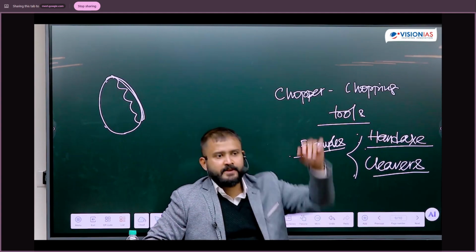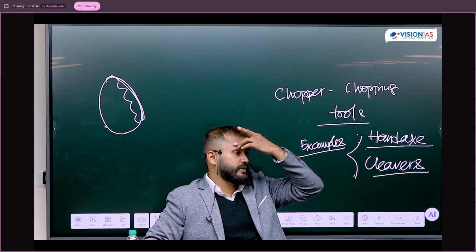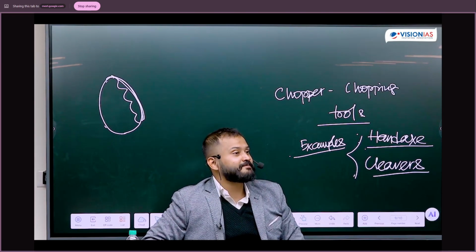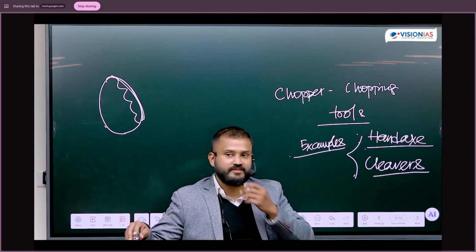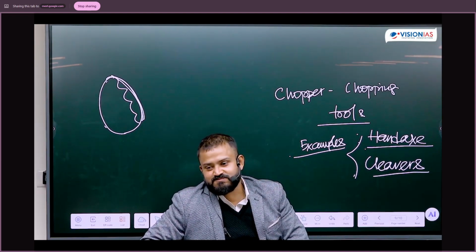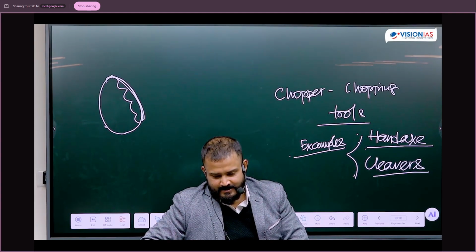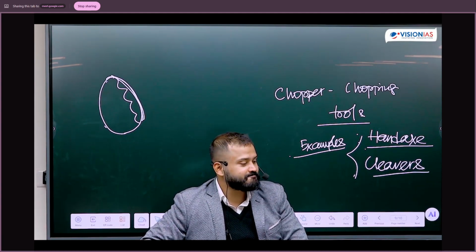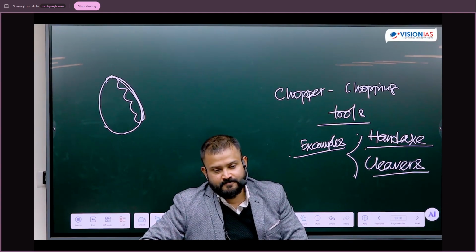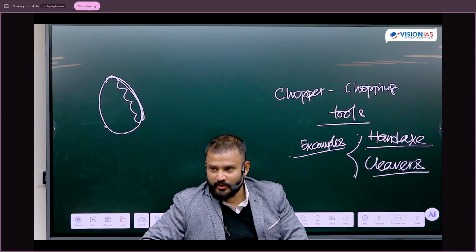Between hunting and gathering, next point, between hunting and gathering, gathering was given more importance. And was generally carried out by women.